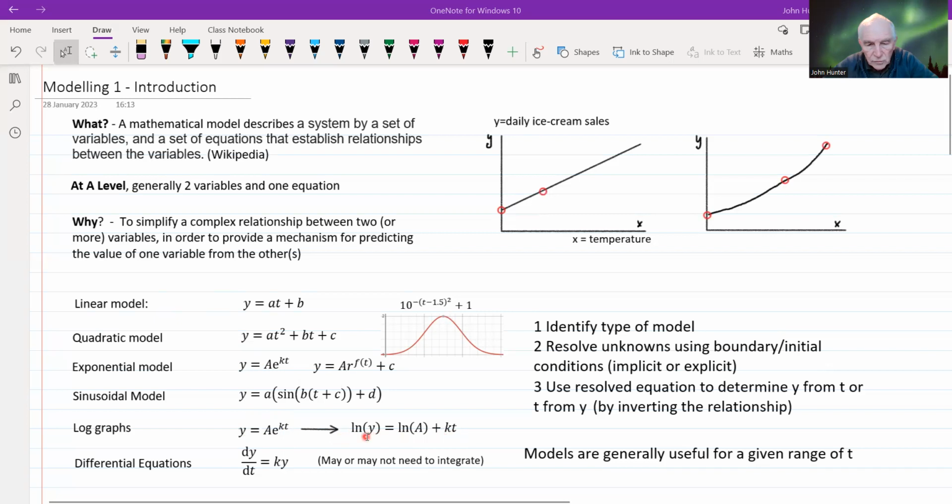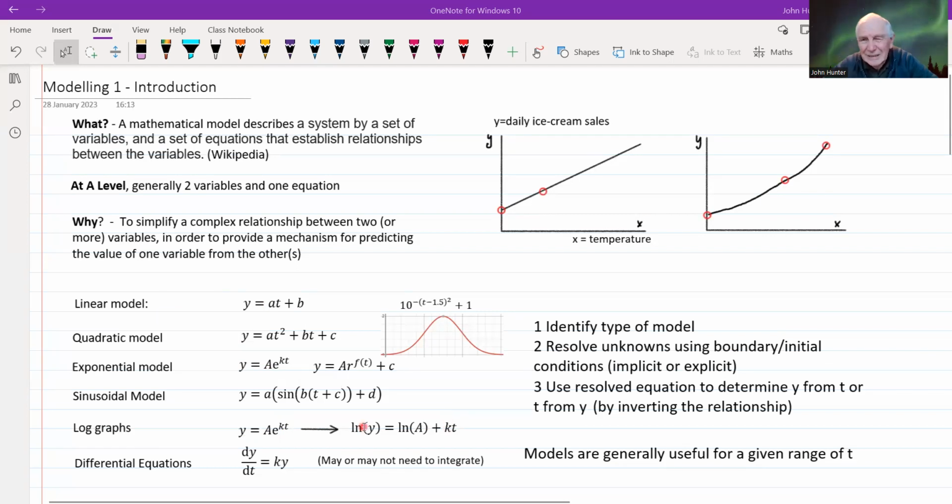And this, of course, looks very much like a straight line, with y equals AT plus B, to reassign the letters, obviously. So actually it starts to look a little bit like that. So that is very useful in certain circumstances.